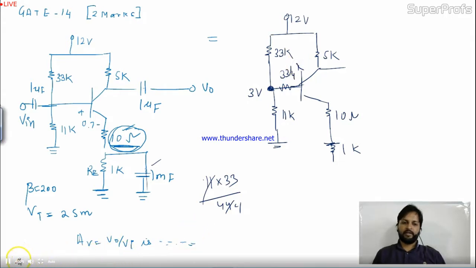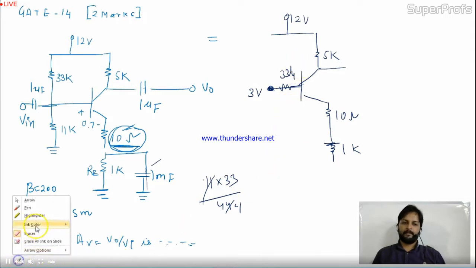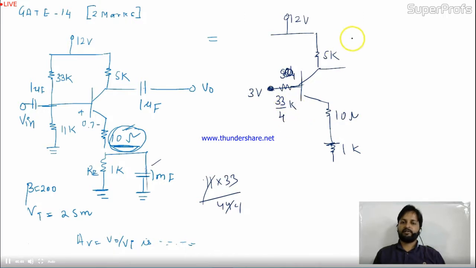Now I can remove the remaining 11K because I made it equivalent. This is my input circuit now: 3V, in series with 33 by 4K, and this is 12 volt over here. This is grounded. I need to calculate IE or IC. Here beta is also given.